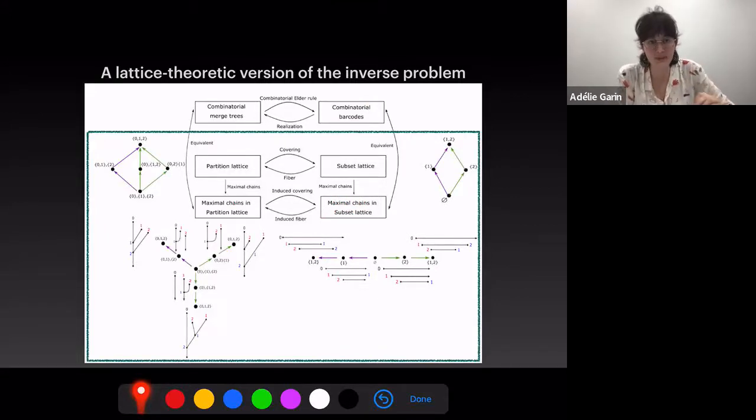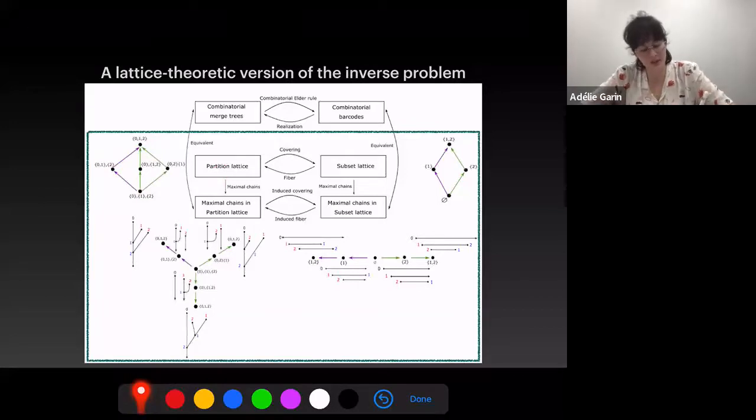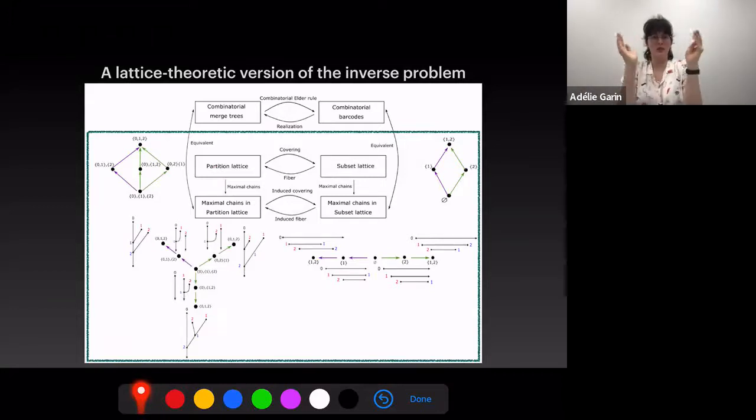So let me go through this little by little. First, the partition lattice, you can see an example here. You start with n singletons, and each time you go up, you merge 2 subsets together.